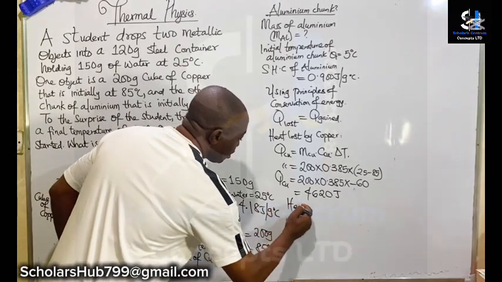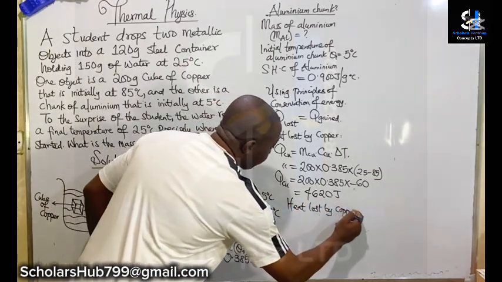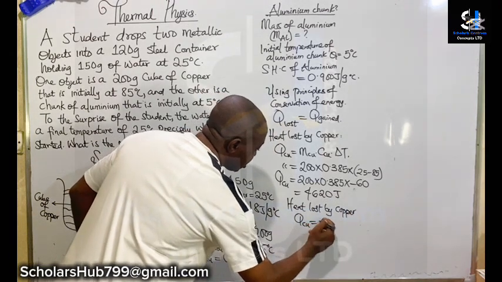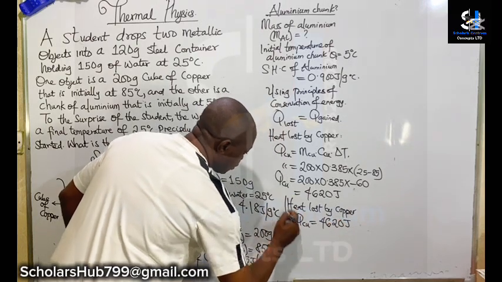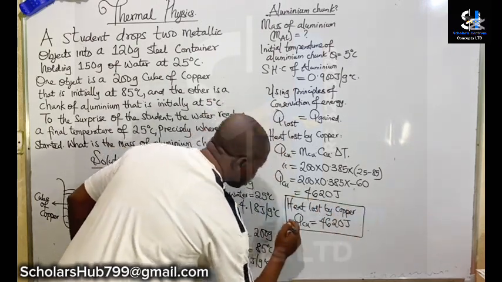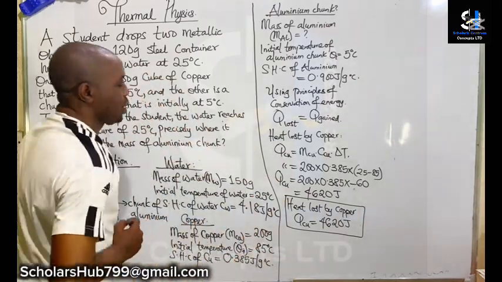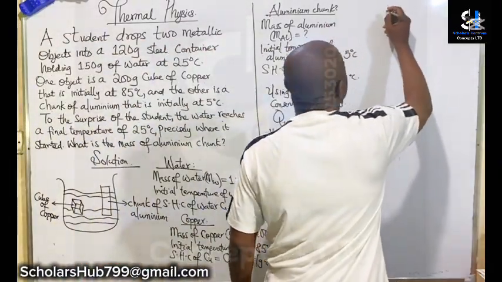So the heat lost by copper is 4620 joules.